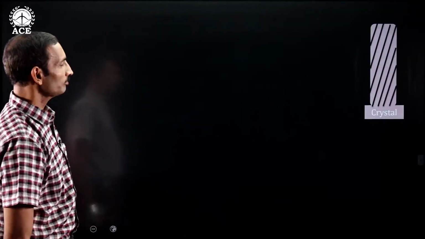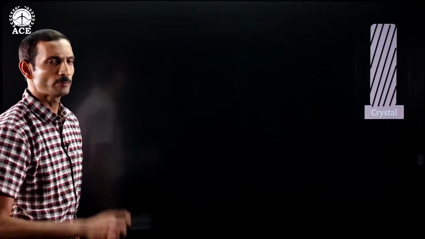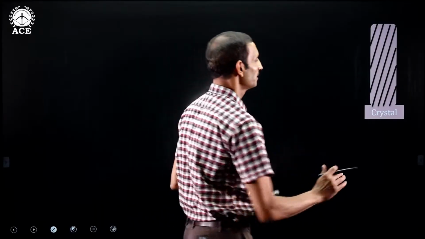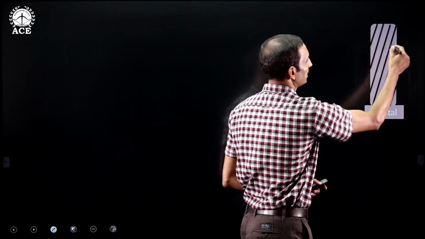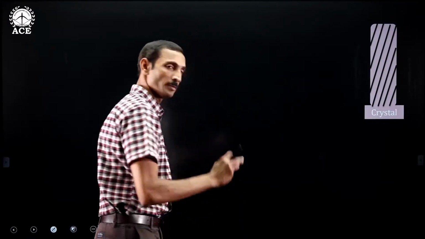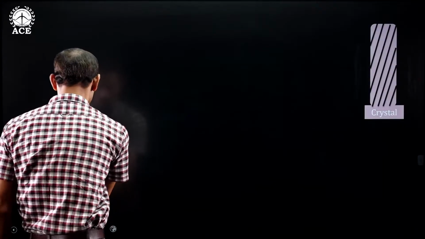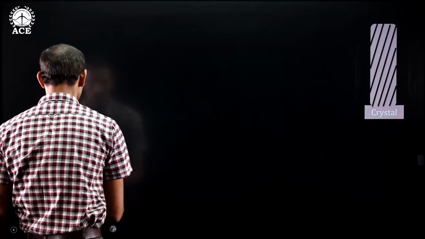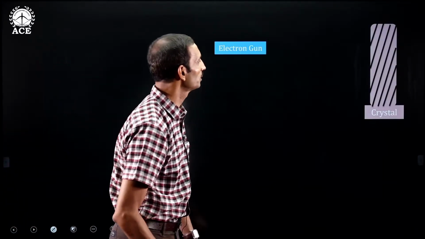Now, let us understand the crystal I told you about. How would it be? It consists of several parallel planes. For our understanding, I have considered the crystal to be consisting of these parallel lines, indicating the atomic planes of the crystal. I'm going to show you what would happen.